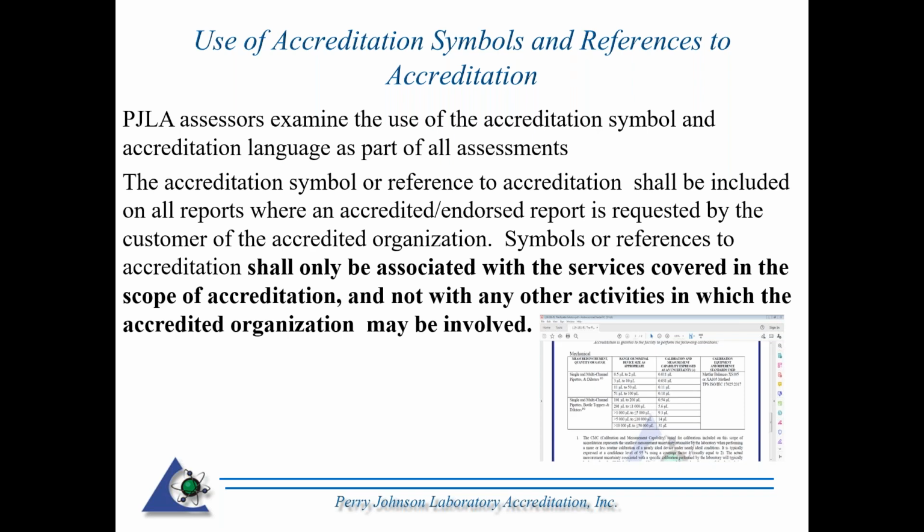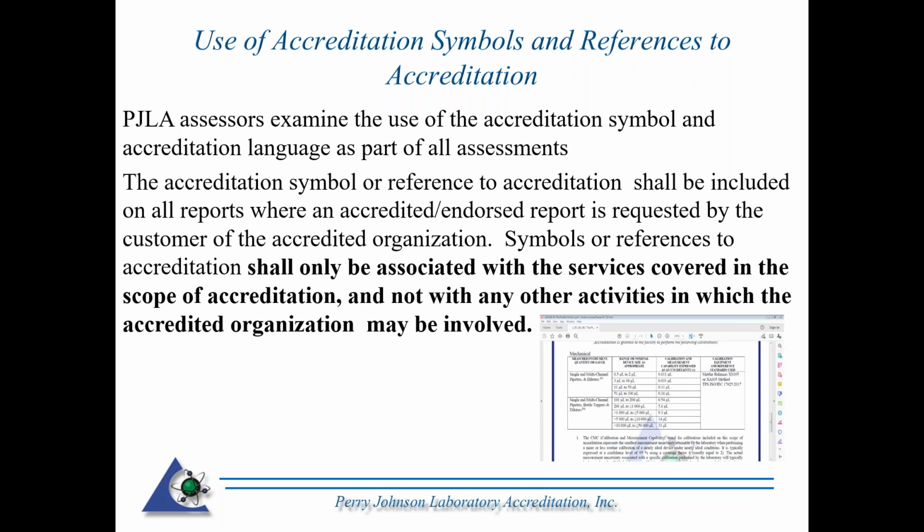The accreditation symbol or reference to accreditation shall be included on all reports where accredited endorsed reports are requested by the customer of the accredited organizations. Symbol or references to accreditation shall only be associated with the services covered in the scope of accreditation and not with any other activities in which the accredited organization may be involved.